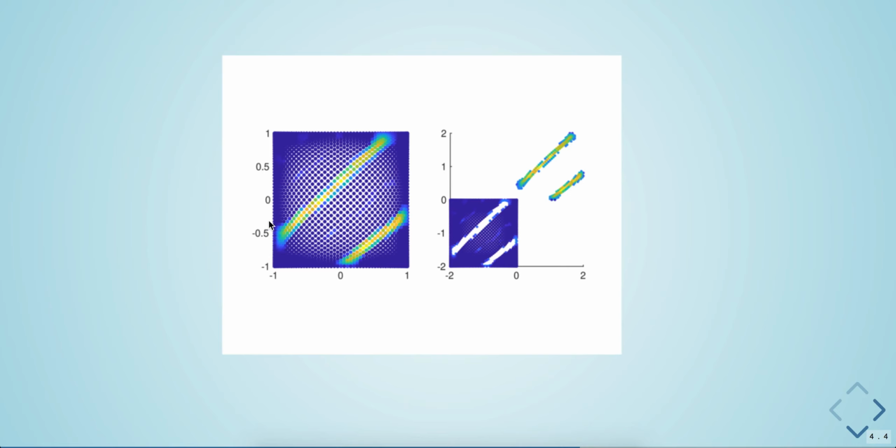So this is the original samples colored with the intensity of the signal, just to be clear, and this is the effect of the mapping on the interpolation points. So what we see is that the two stripes here have been displaced by our mapping S.